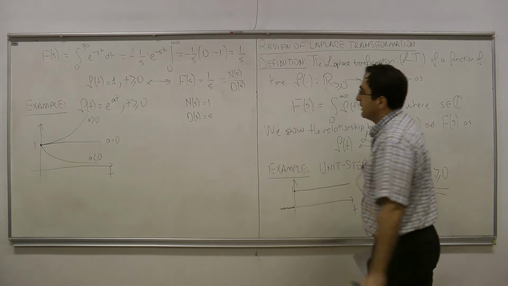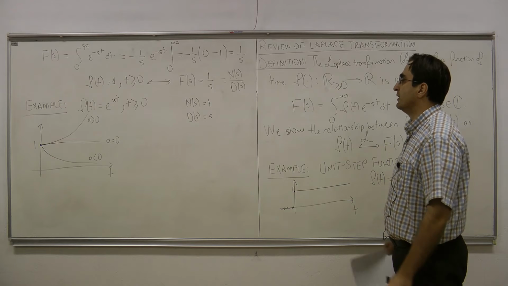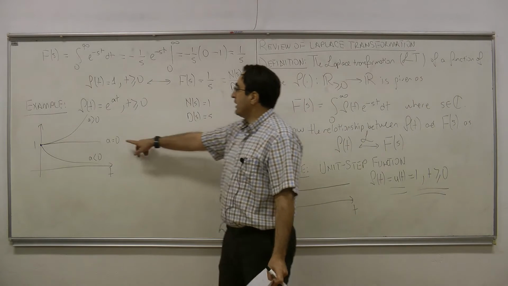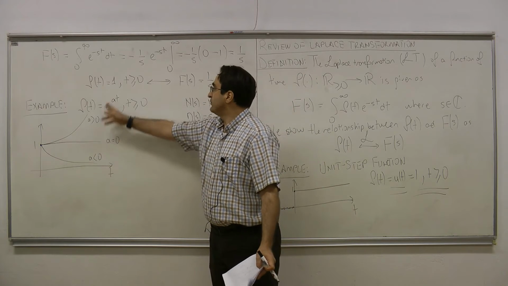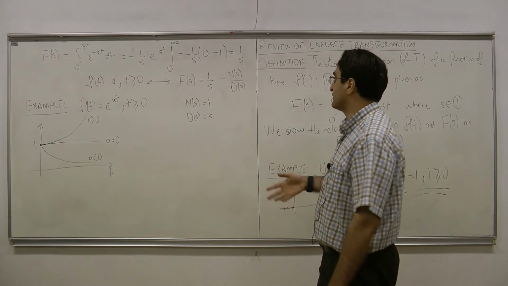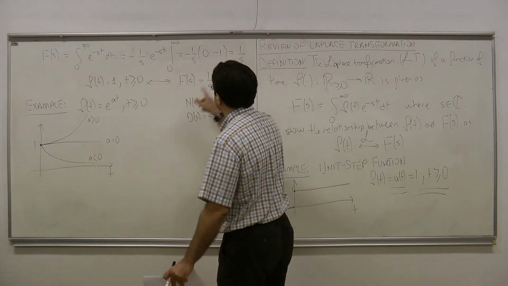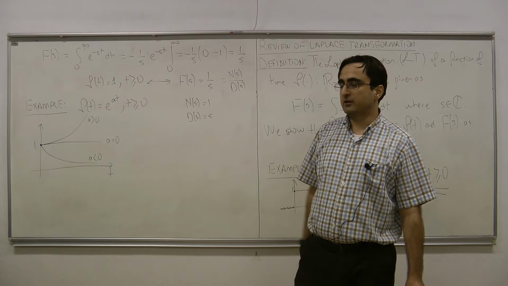So here we are wondering what the Laplace transformation of this function would be. And I know the answer when a is equal to 0, because when a is equal to 0, this function is nothing but the unit step function. As a result, its Laplace transformation has to be 1 over s when a is equal to 0. But what about the other cases?